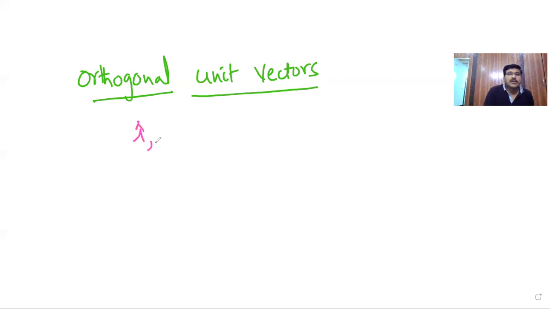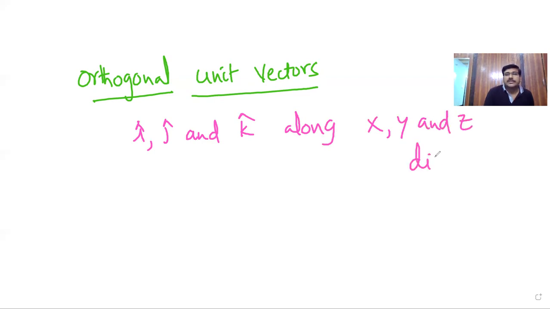I bar, J bar, and K bar are the unit vectors along the X, Y, and Z directions. The angle between any two of them is 90 degrees. Hence, they are called orthogonal.